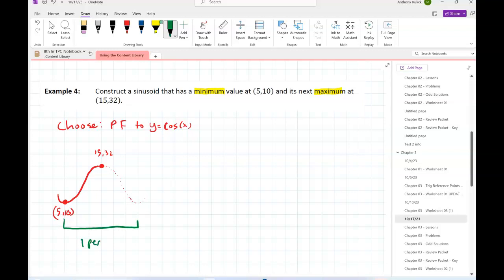Everybody can kind of see that. But we don't know where that end of the graph is over here. But we know where it ends right there. What percent of a period does that appear to be in blue? Half, right? Everybody agree? Looks like half to me.